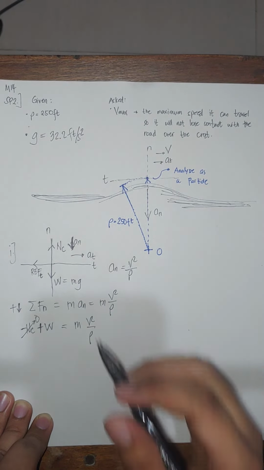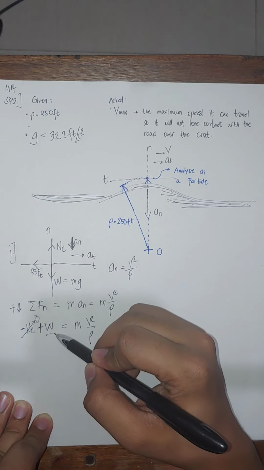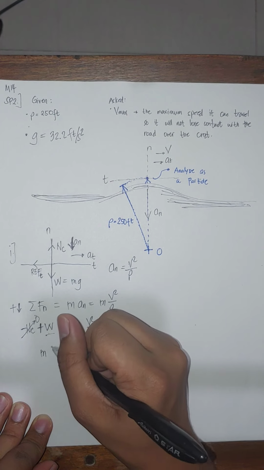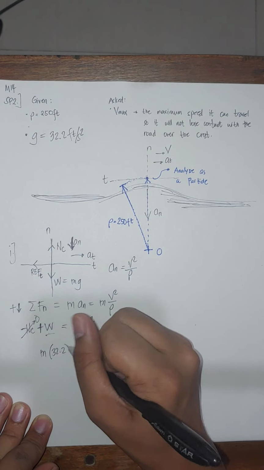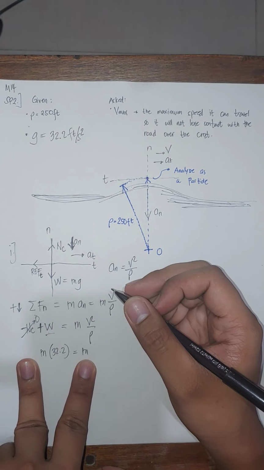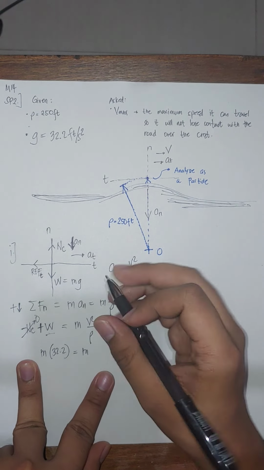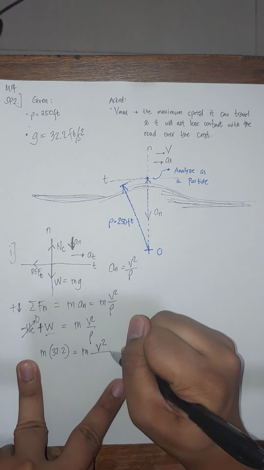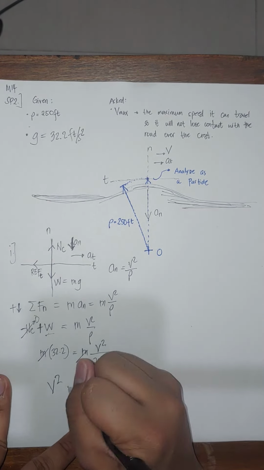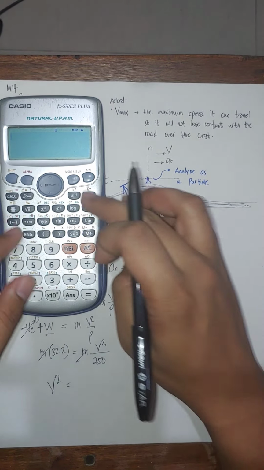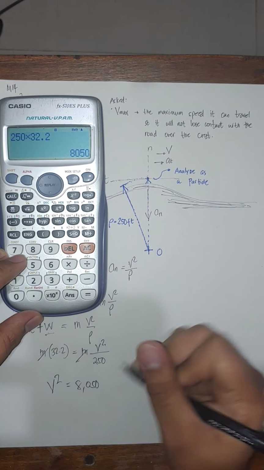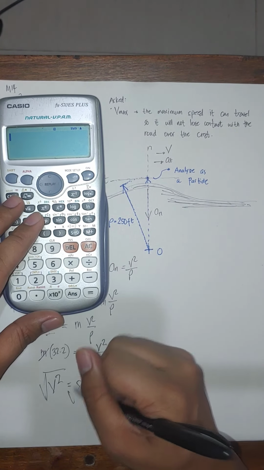In your module, the only force placed is just the plain weight. So the weight is equal to mass times the gravitational acceleration, 32.2 feet per second squared, equal to the mass times v squared over 250 feet. We don't need to know the mass because it cancels anyway. So v squared is equal to 250 times 32.2, which is 8,050, and then we extract the square root on both sides.